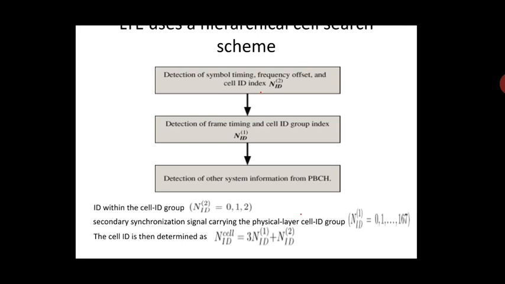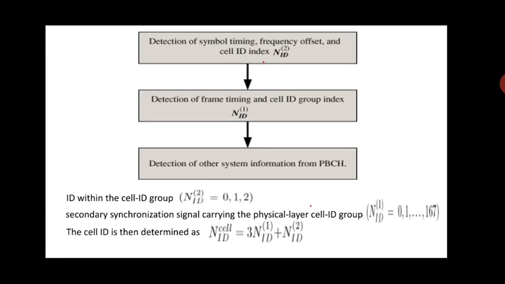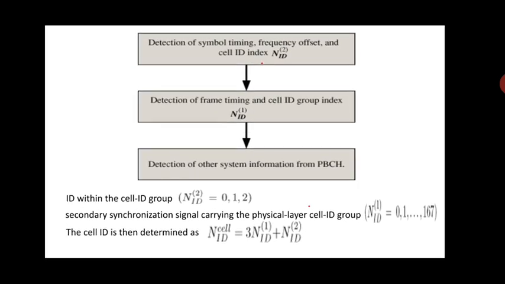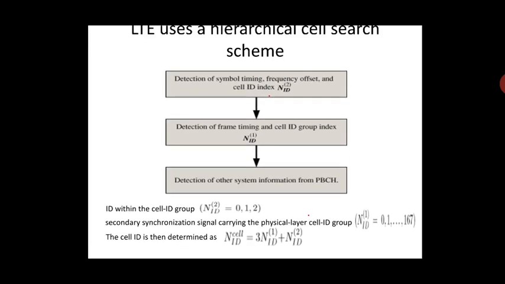The cell ID is determined by NID cell equal to 3 times NID raised to 1 plus NID raised to 2. As you may understand from the previous discussion, NID raised to 1 will be any one value from 0 to 167, plus NID raised to 2, as we took it for a cluster of 3 cells.